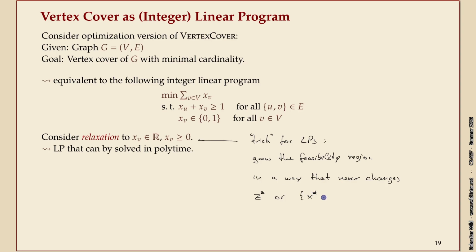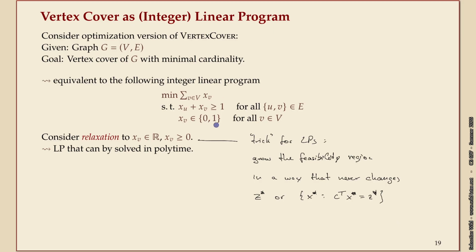Let me write the set of optimal solutions as well, because sometimes this is relevant. Usually we want to grow the region in a way that we never make any new optimal solutions.